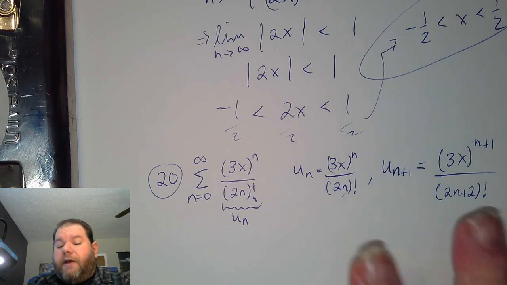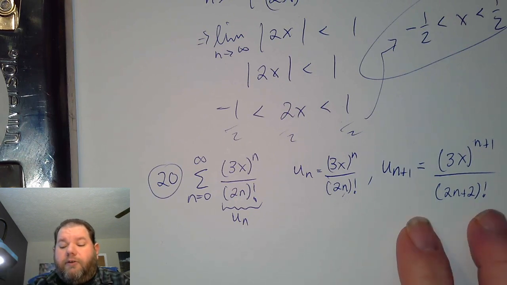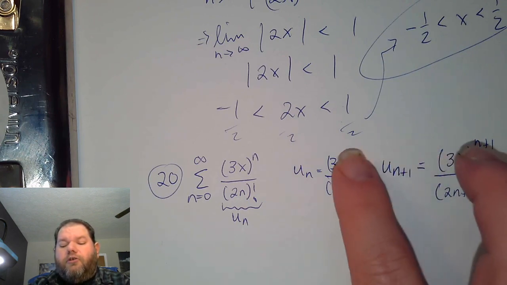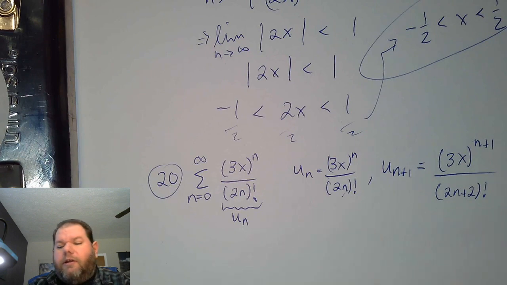And now we want to divide those: u sub n plus 1 divided by u sub n. So what I would say is we take u sub n plus 1 and then multiply by the reciprocal of u sub n. That way we can turn it into a multiplication problem, rather than this division of two fractions that we would otherwise have.